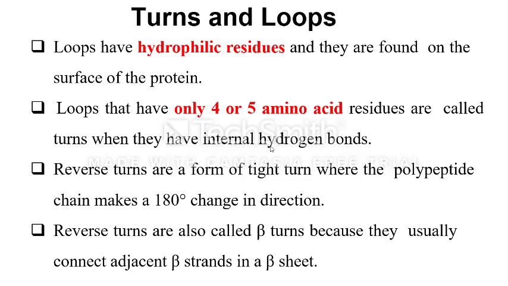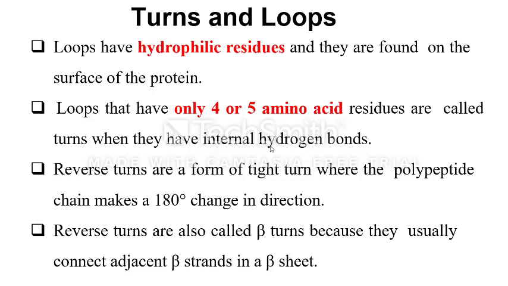Loops that have only 4 or 5 amino acid residues are called turns when they have internal hydrogen bonds. So when they have only 4 to 5 amino acids, the loops are called turns. Reverse turns are a form of tight turn where the polypeptide chain makes a 180-degree change in direction.